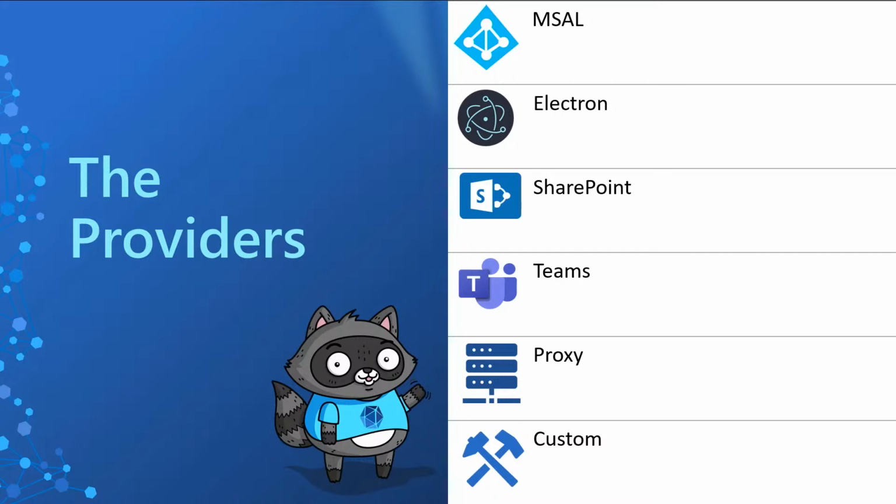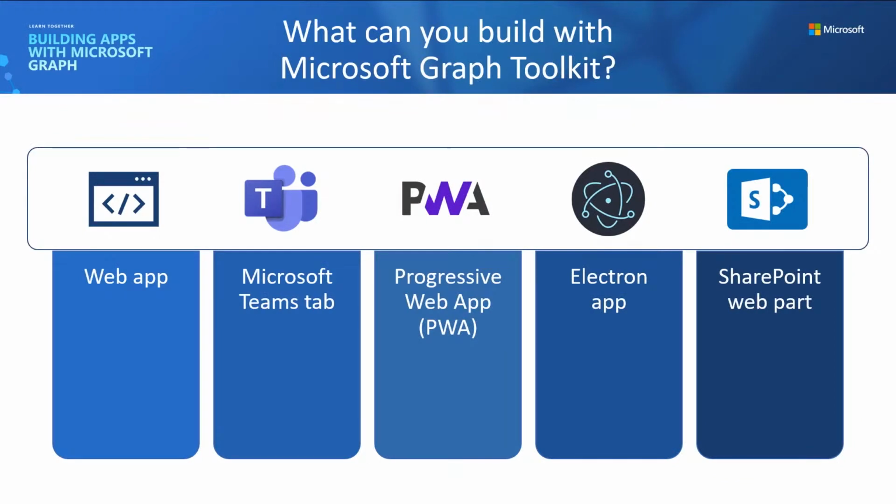Awesome. So with all these components and providers, we actually have a lot of different things we can do. There are a lot of different types of apps that you can build with all these authentication providers. We already touched on web apps with any frameworks. And you can also translate your web app into a Microsoft Teams app and SharePoint web part using different auth providers that come out of the box. Electron apps is a fun one that we're starting to explore, and we would love to hear more from the community on how you're using it, what are the things that you're seeing with it.